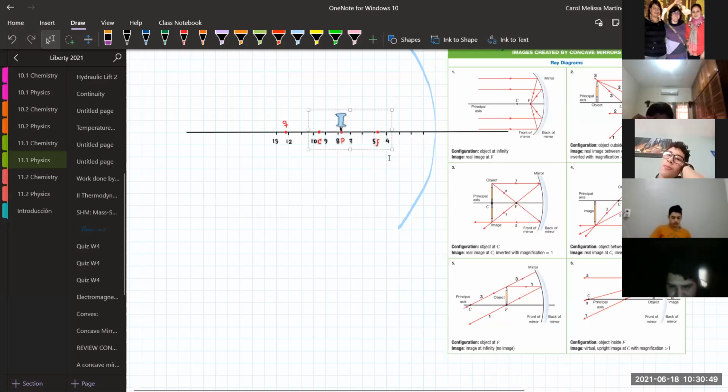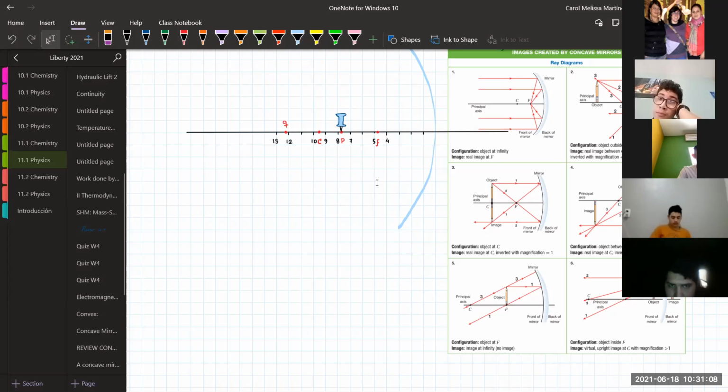Take a look where the object is located. The object is located between F and C. What configuration corresponds to this situation? Configuration 4, that is correct.